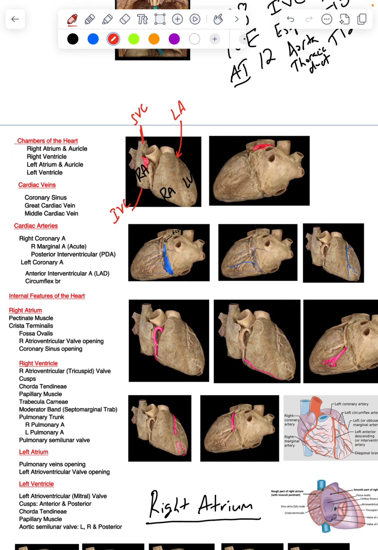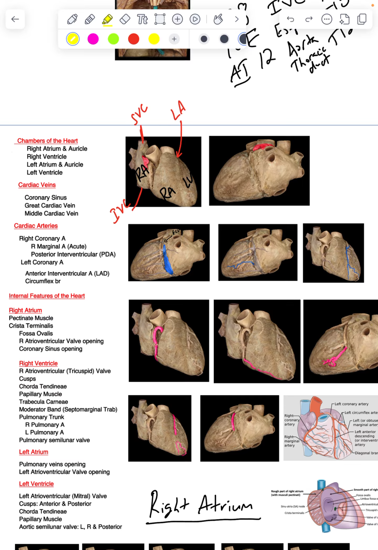So what happens is off of the aorta, you have a branch called a coronary artery. When it has to do with heart, it's coronary. Right coronary artery and left coronary artery. And those supply the heart, and then they drain into something called a coronary sinus, which would then come back to the right atrium, and then it would just recycle it over and over again. So the heart also needs its own blood supply.